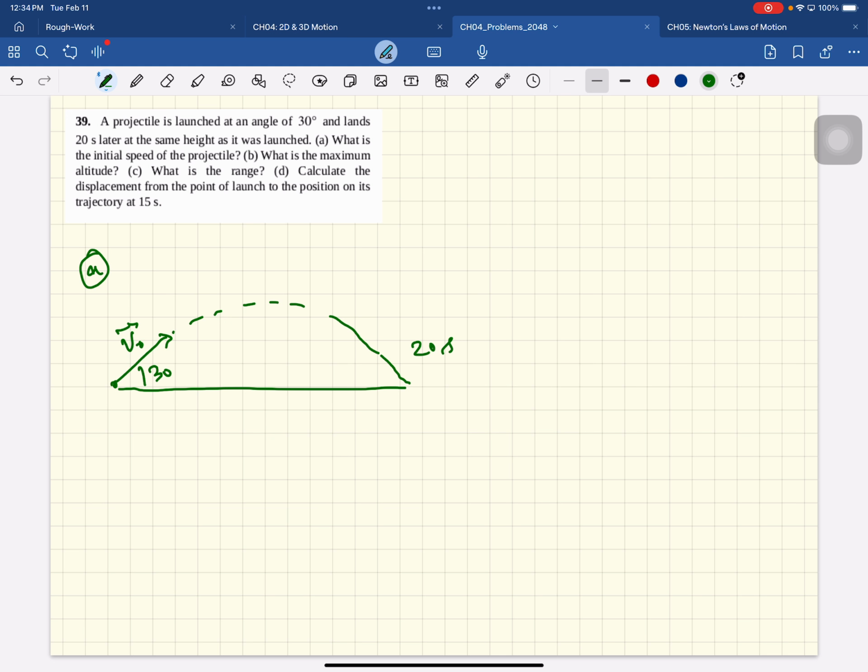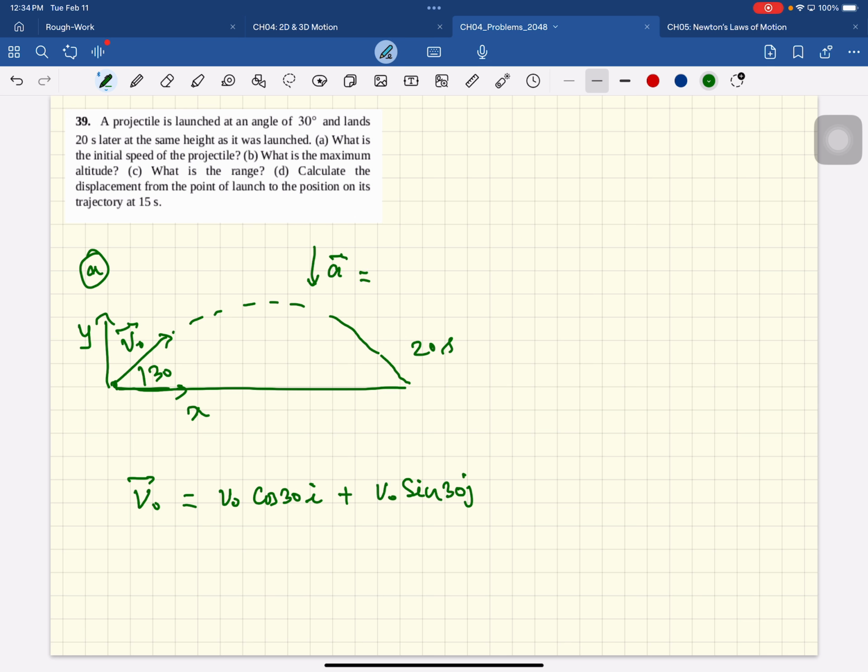So let's look at the y motion. And again, when you're doing this kind of stuff, draw your axes x, y, v naught. The initial velocity is v naught cosine 30 i plus v naught sine 30 j.